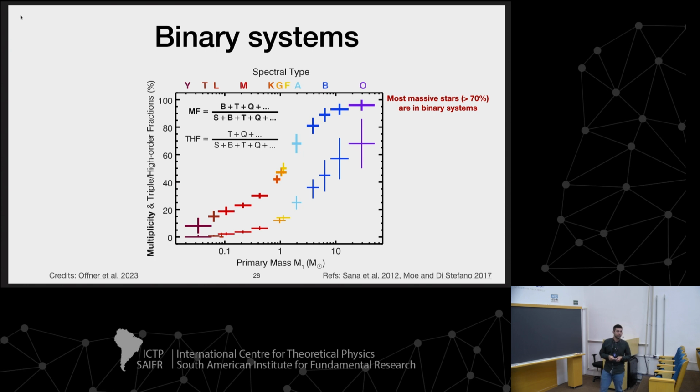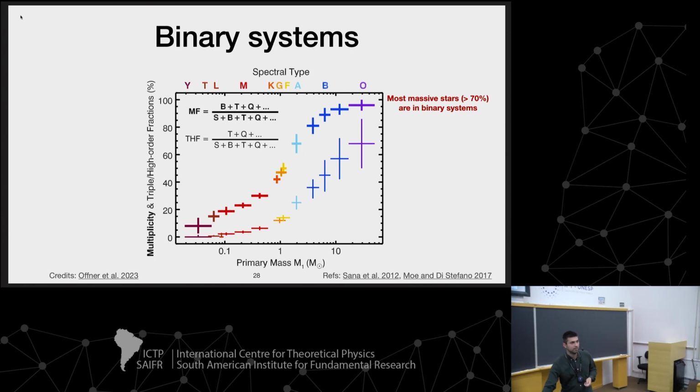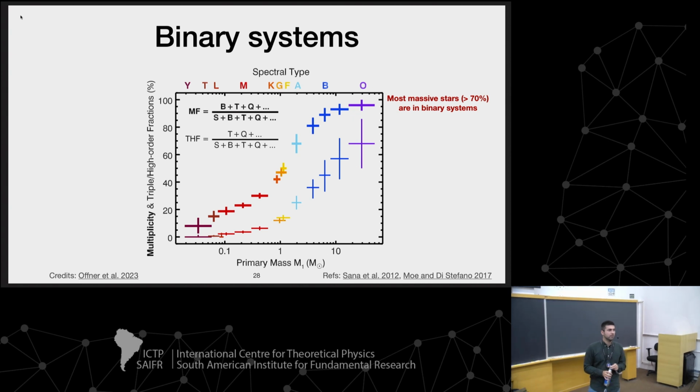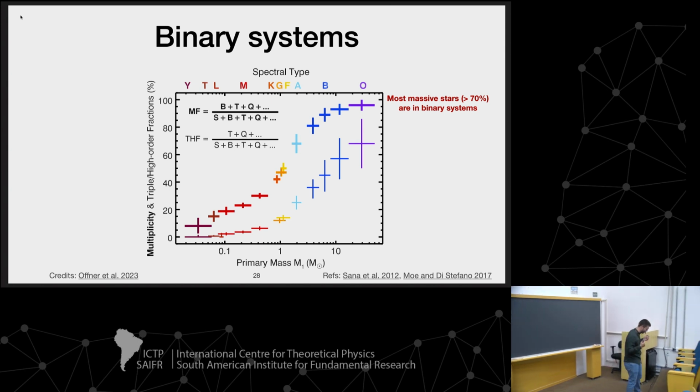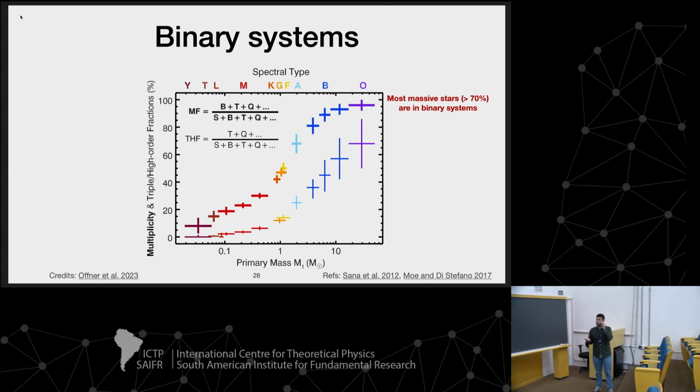Questions? Yes, sir. Are triples and higher-order multiplicity common? From this plot, I think the picture is pretty clear. Unfortunately, we do not evolve triple systems in our codes because the evolution is much more complicated.